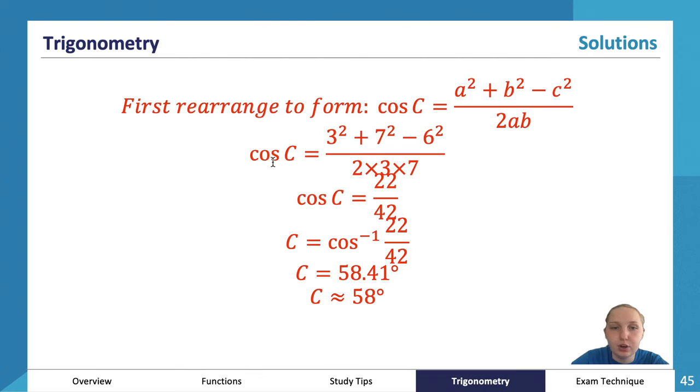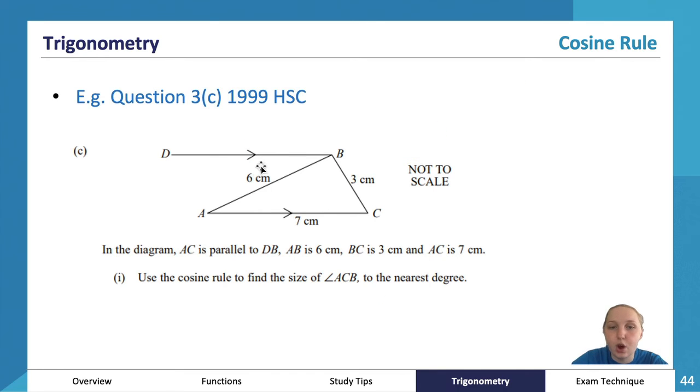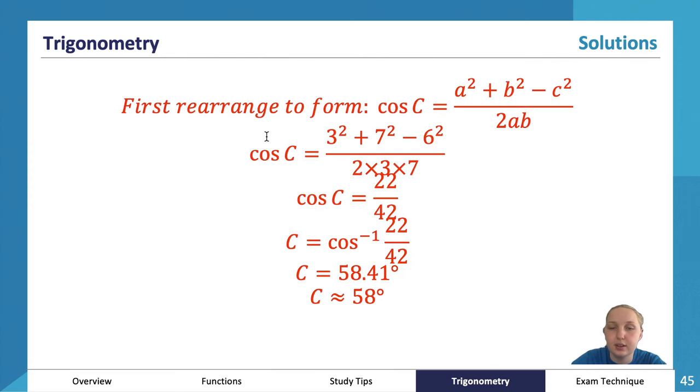So then we've got cos C equals 3 squared plus 7 squared minus 6 squared, making sure that whichever side you're subtracting is the one opposite the angle you're trying to find, okay? So we're trying to find this angle, so the side we are subtracting has to be the one opposite to that. So we get 3 squared plus 7 squared minus 6 squared over 2 times 3 times 7.